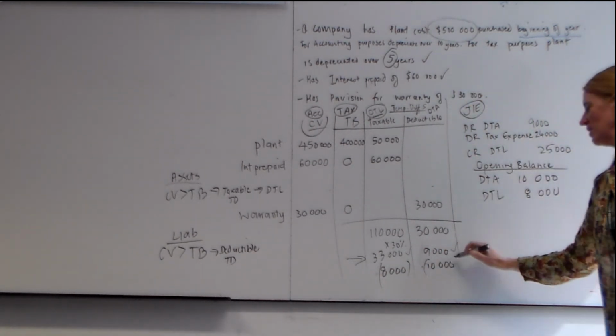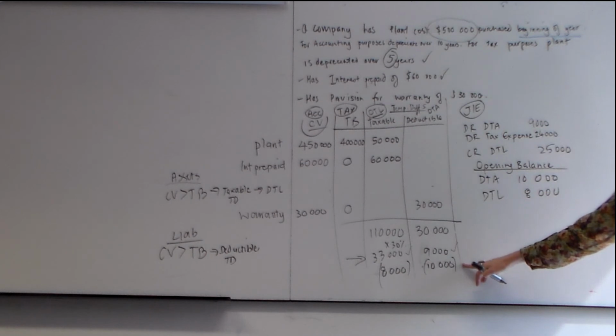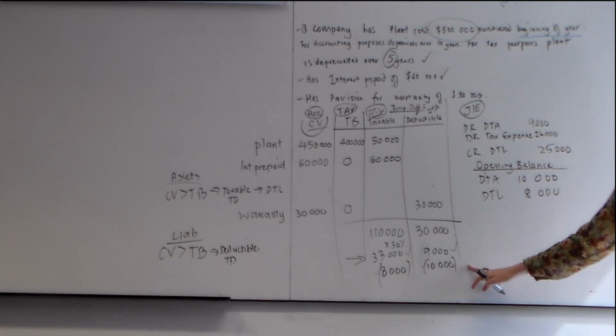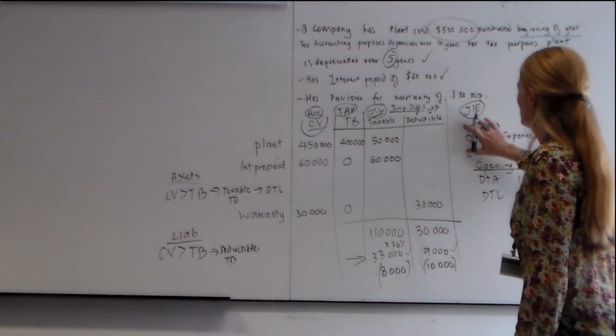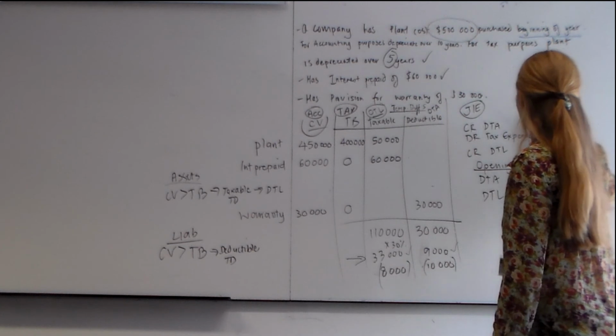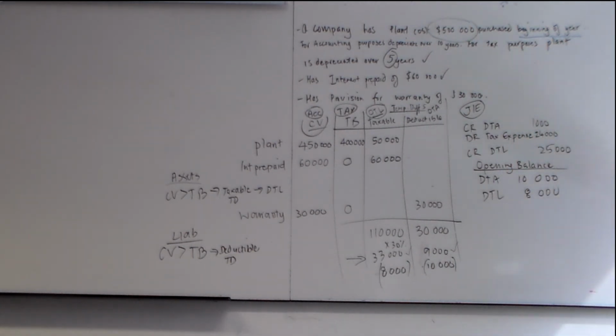This year, what's going to happen here? It's going to be a credit, because if you want the closing balance to be 9 and it was 10, you're taking off 1,000. So in fact, this should be a credit for the deferred tax asset. And to make it make more sense, you're probably going to do something like this.